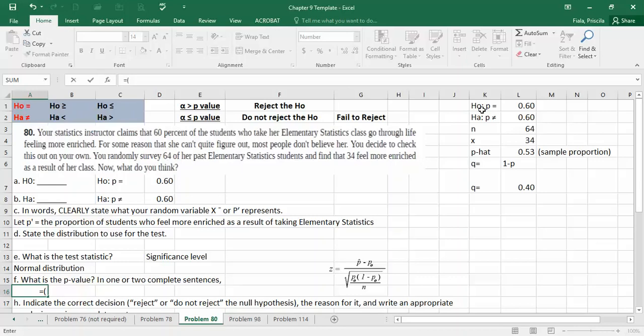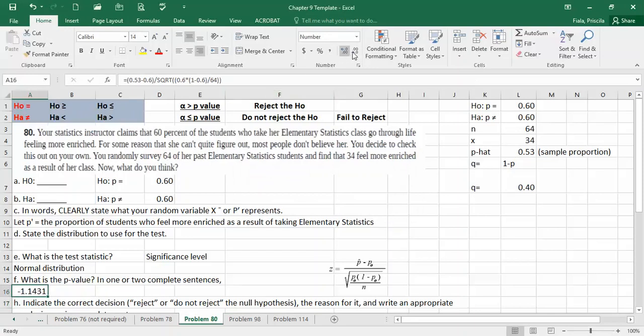So I have said that my p hat, my sample proportion, is 53 minus my actual proportion 60, divided by the square root of, again, my proportion, which is 60, times 1 minus my proportion, which we know is the failure, which is 40, but here we're doing the full formula, divided by my sample size of 64.